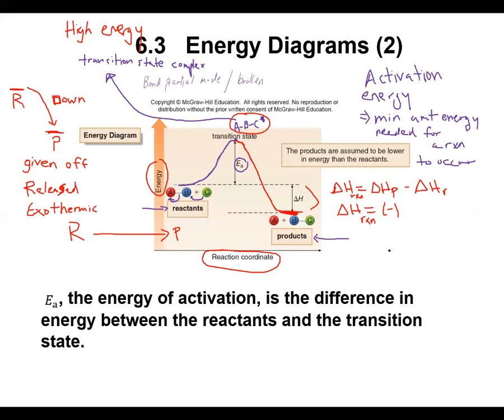So this reaction should overall be negative, because our reactants are higher in energy than our products. Again, in order to get down there in terms of energy, we have to give off that energy, which is an exothermic process. Any questions on that?